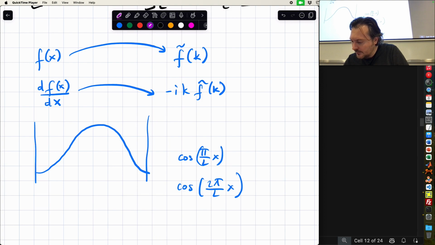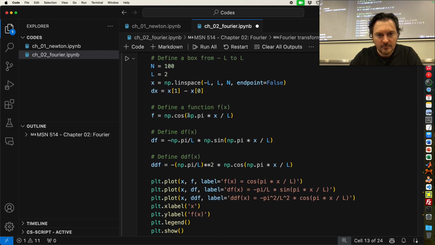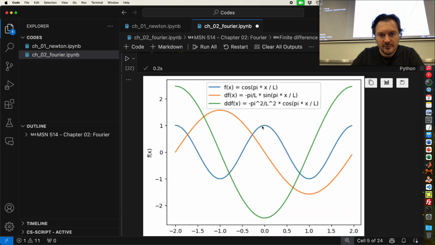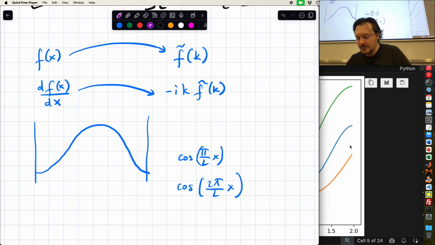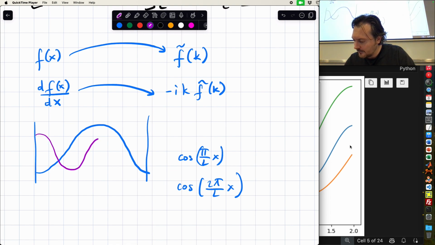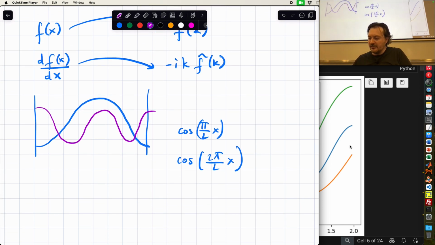What would happen then? Let's plot it here. Do you see this function? It would look like that. So let me copy that function from here. Looks something like that.